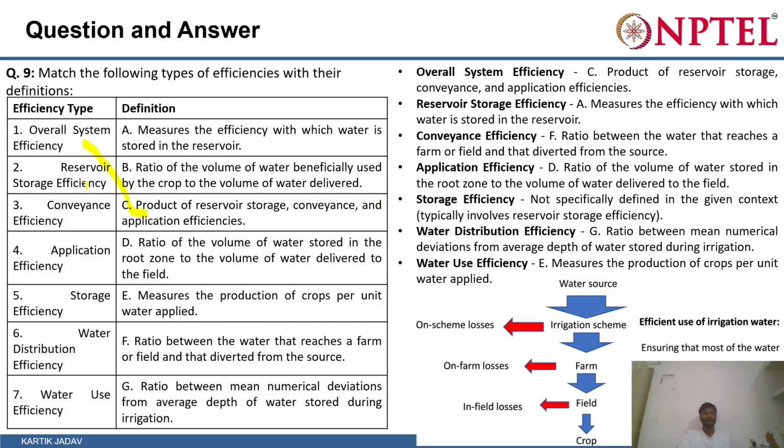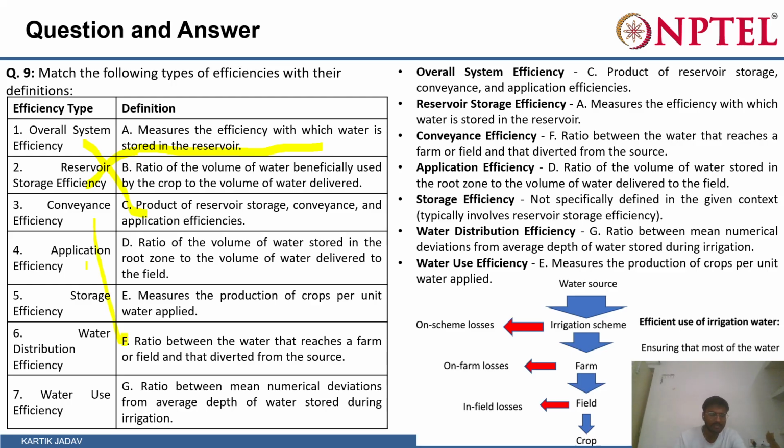Reservoir storage efficiency measures the efficiency with which water is stored in the reservoir. Conveyance efficiency is the ratio between the water that reaches the farm and what we have diverted. So its best match is option F.